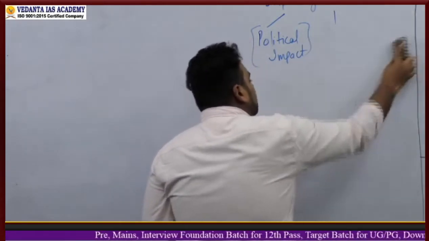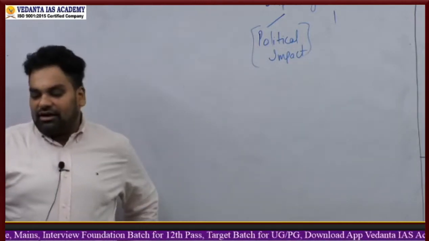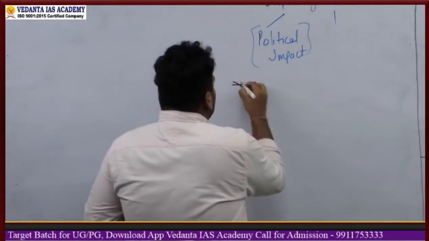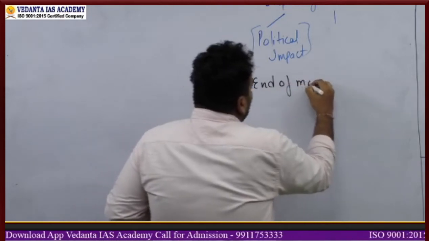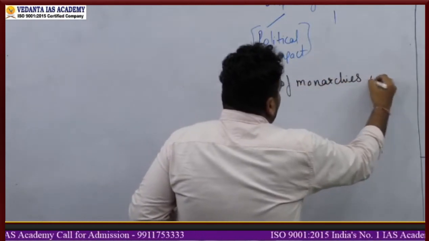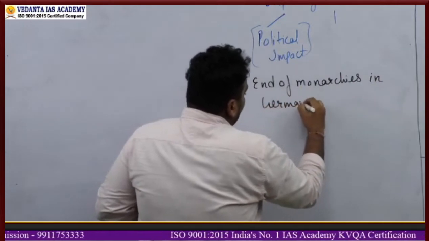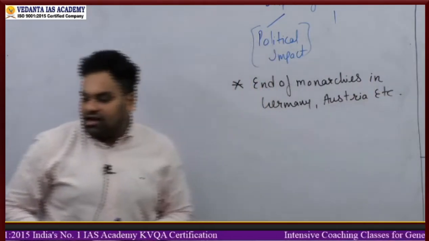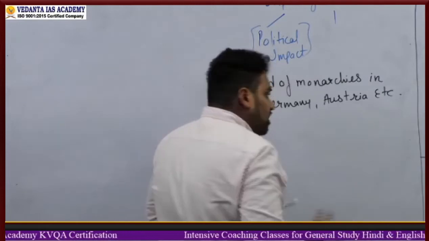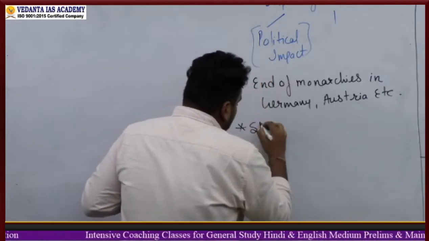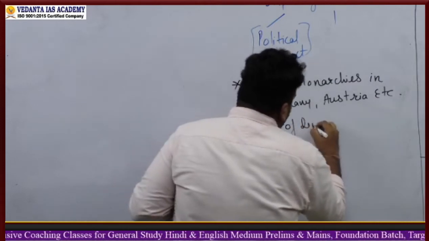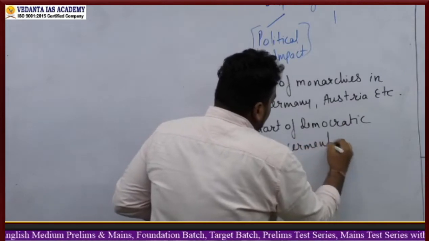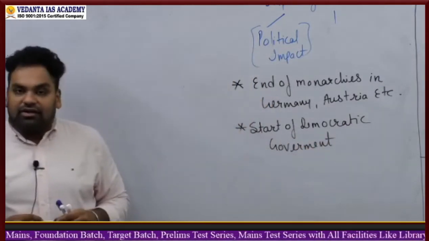Let's see what are the political impacts of World War I. So the first political impact is the end of monarchies in Germany, Austria, etc. End of monarchy in Germany, Austria, etc. Start of democratic government, right?